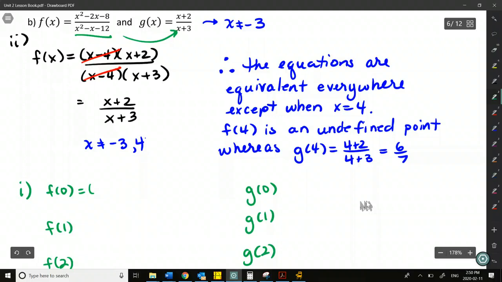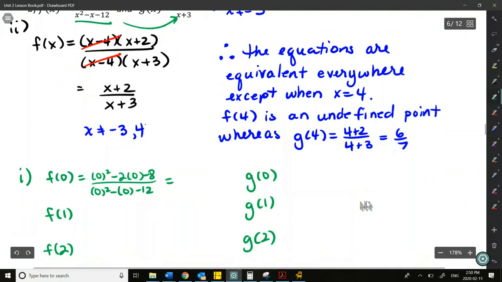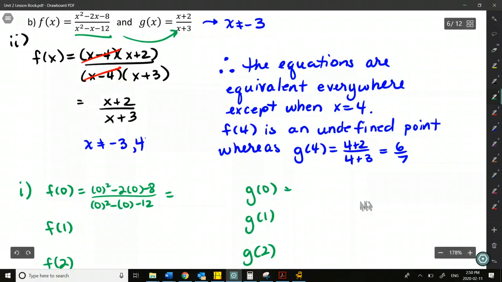So for the top, we'll get 0 squared minus 2 times 0 minus 8 over 0 squared minus 0 minus 12. Okay, so we're just going to enter each of these into our equations.